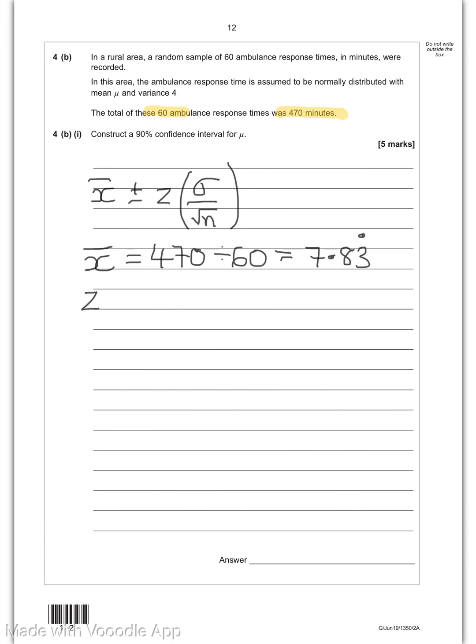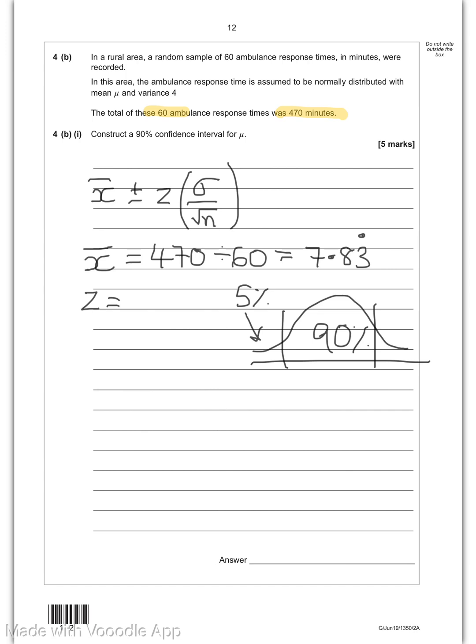Z we get from the confidence level, so we're going to go menu 7, option 3. It's an inverse normal. Okay, we want the middle 90%, which means the other 10% split across two tails gives you a tail of 5% in each end.